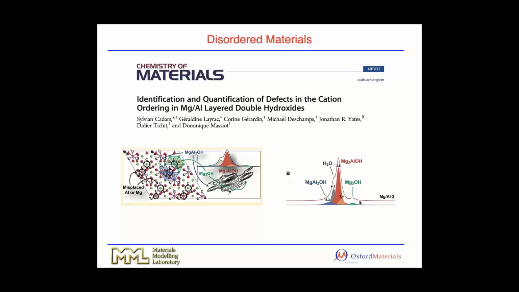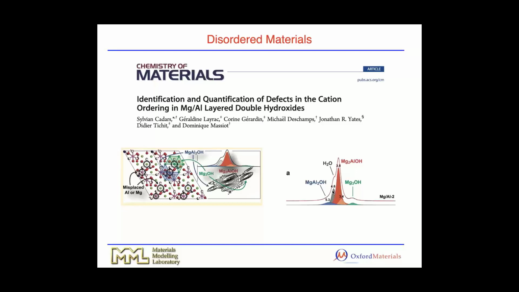The brown thin line here is the fairly broad pattern that you'd see in NMR. And there are a number of different underlying peaks under here, and using the calculations, we were able to determine which type of defect environment would contribute to which type of hydrogen, and so quantify the nature of the defects in the real materials.